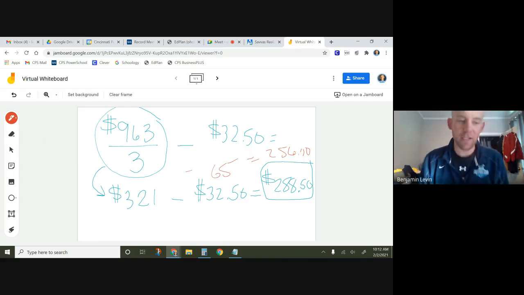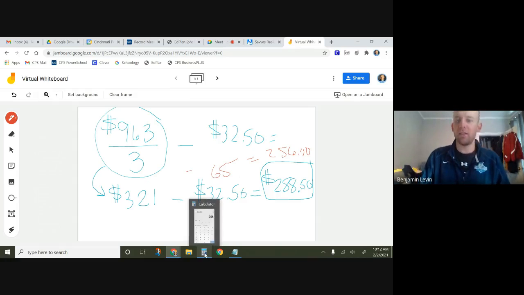You're spending 10, 12, 13, 14 bucks a day on lunch or on snacks or whatever. Even a lot of kids, before they come to school, stop by the convenience store and buy snacks, like a pop and 2 bags of chips. That adds up every day. All right. So budget your money wisely.